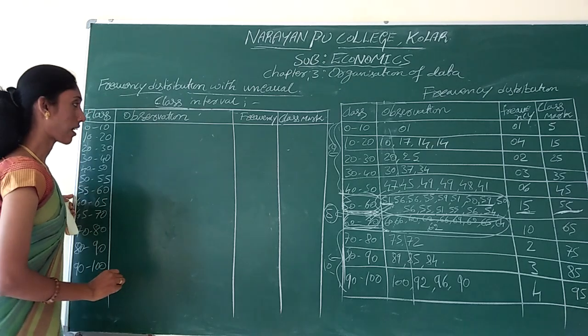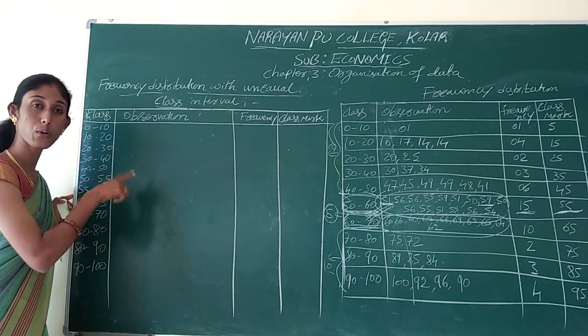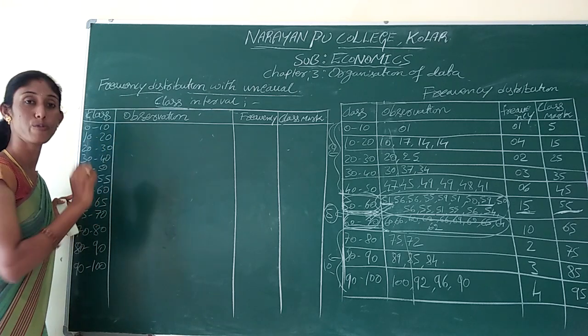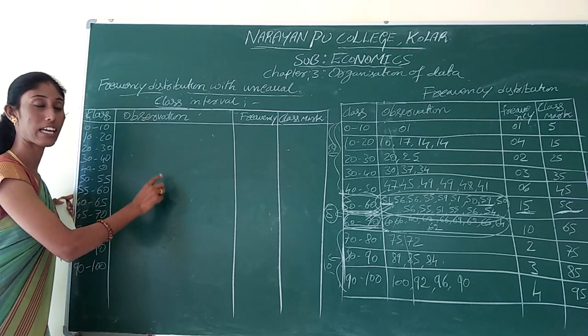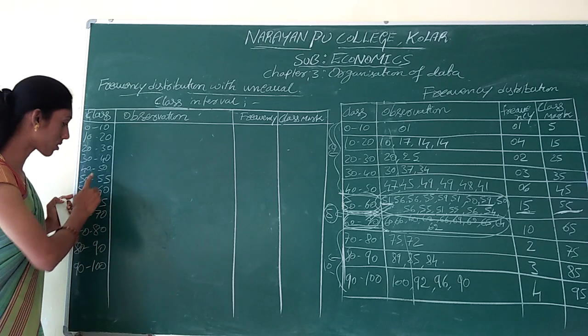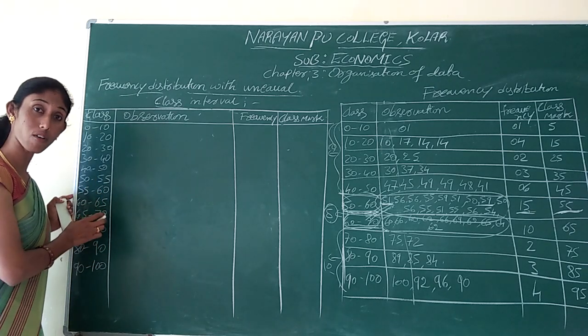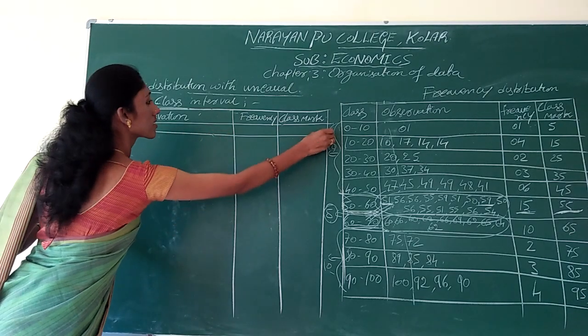Got it now? As for the class limits, we are going to rearrange the observations according to these classes, because now the class intervals have changed, right?